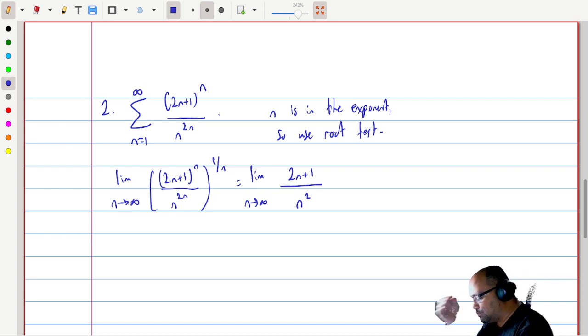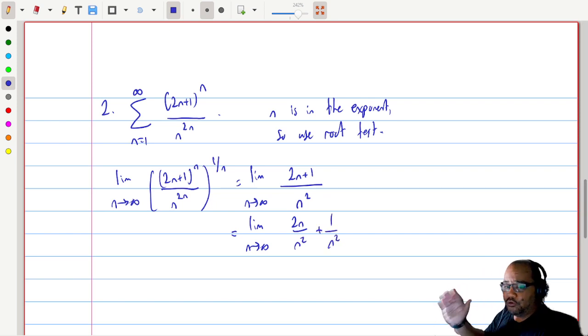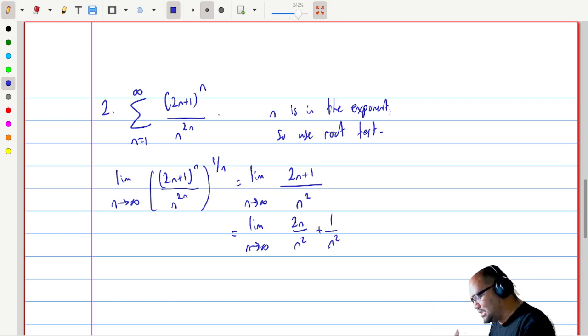This limit is 0. But if you want to verify this for yourself, separate the fraction, right? I'll get 2n over n squared plus 1 over n squared. Second term goes to 0. First term simplifies to 2 over n, which goes to 0. So this limit is 0. Okay.